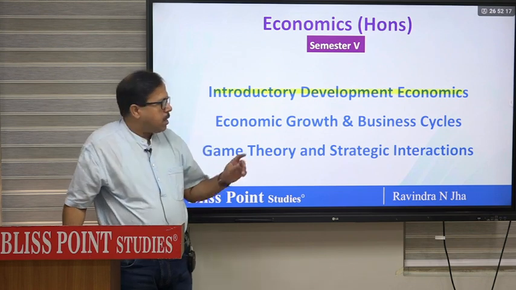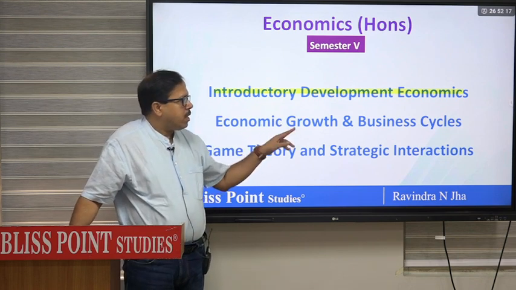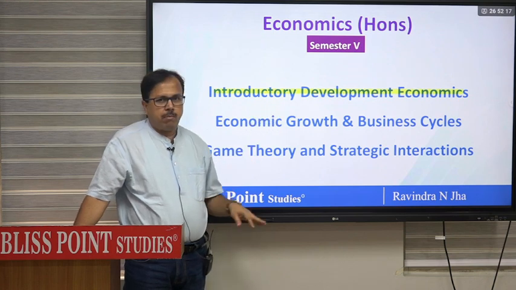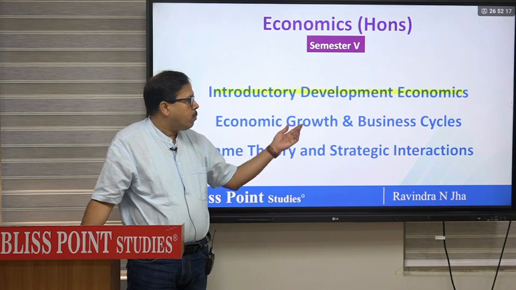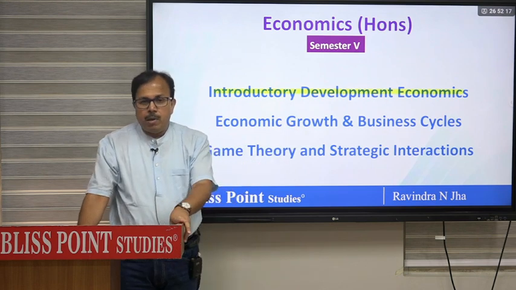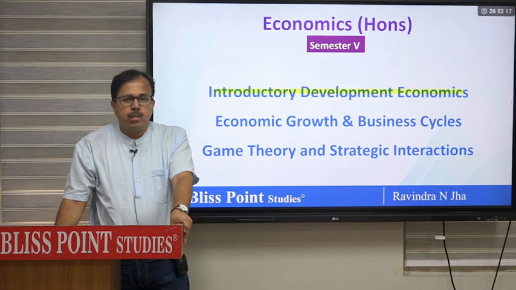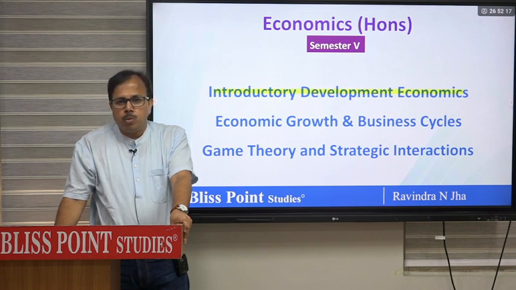The second paper is economic growth and business cycle. This is also a part of macroeconomics, but it will highlight different growth models. What determines economic growth, what the different models are which explain economic growth and the process of economic growth, what the endogenous growth model is, how it is different from the exogenous growth model.